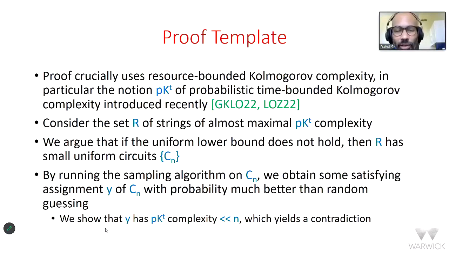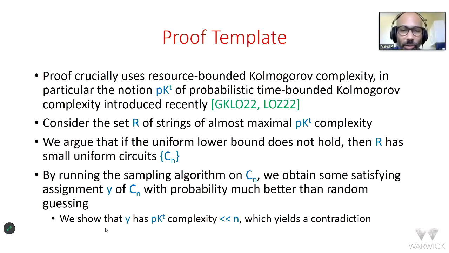And it turns out that if you can output such a satisfying assignment with probability much better than random guessing, then it means that the satisfying assignment y has resource-bounded Kolmogorov complexity much less than n. But then y is supposed to be a satisfying assignment of C_n, and C_n only accepts strings of high complexity, close to n. So that's a contradiction.